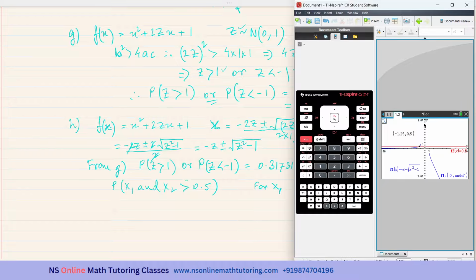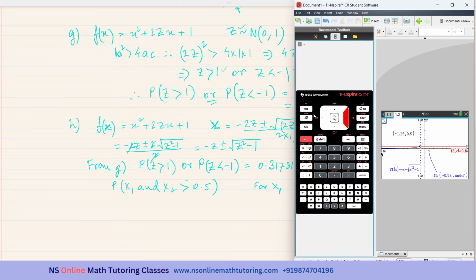Okay, so graph trace, and it is 0 and undefined. Okay, let me just take minus 1.25. I know it is having a certain value. So x equal to negative 1.25 I have taken. So this is the one. And then I am just advancing. This one is minus 0.95.